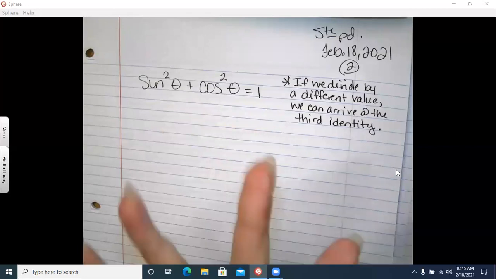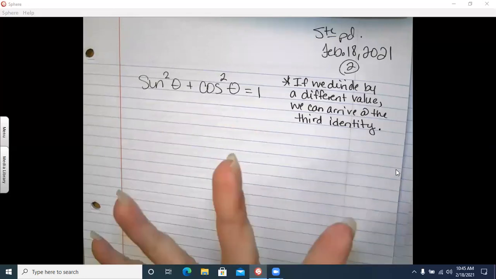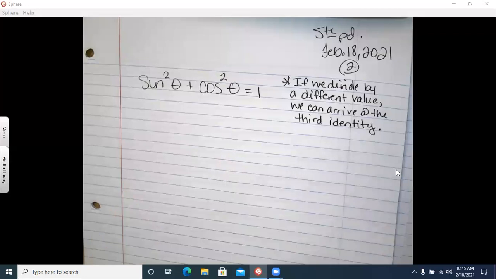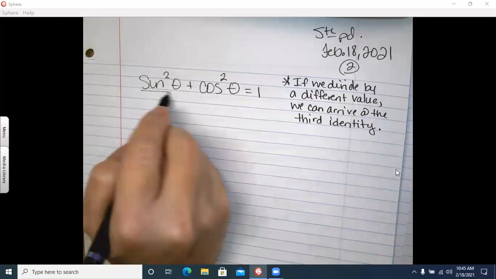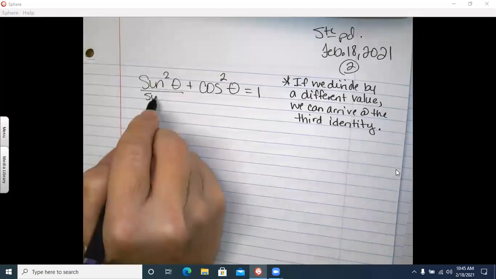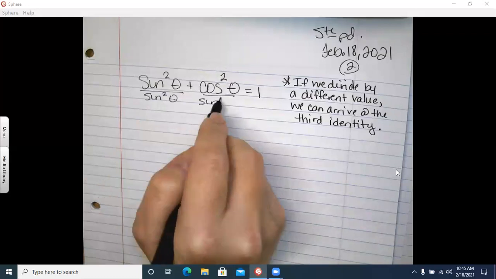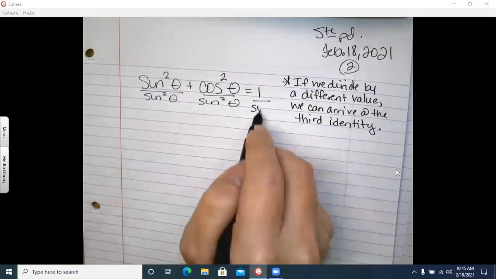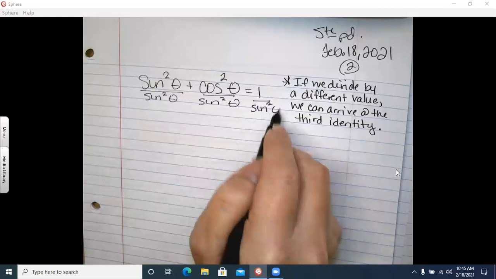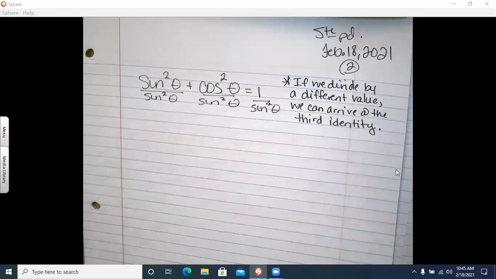But if I divide each term by, what do we divide now? Sine squared of theta, then the result will give me a different identity. And of course, we're not going to divide each term by 1 because that won't change anything, right? But when we divide everything by sine squared of theta or cosine squared of theta, that will change.